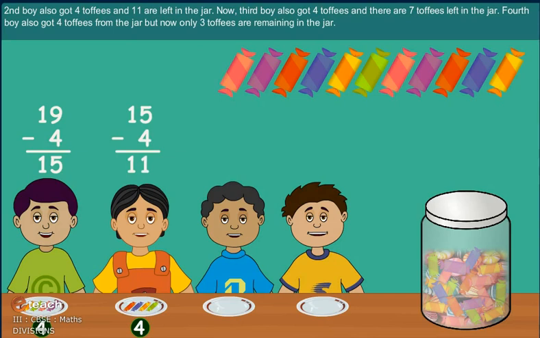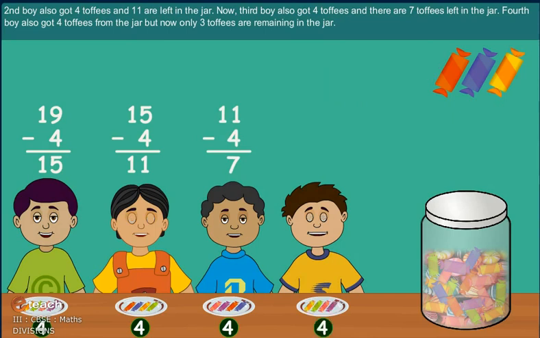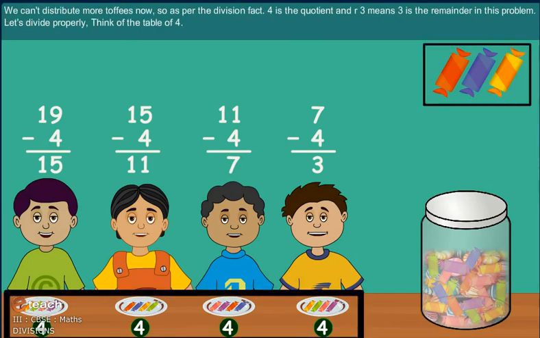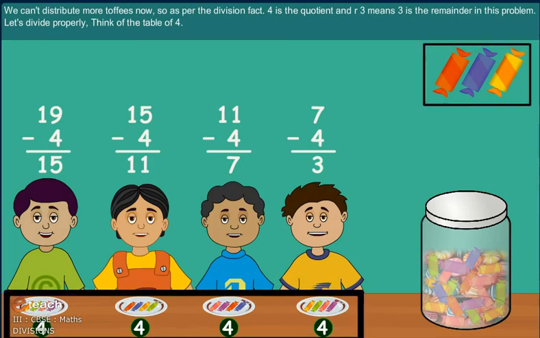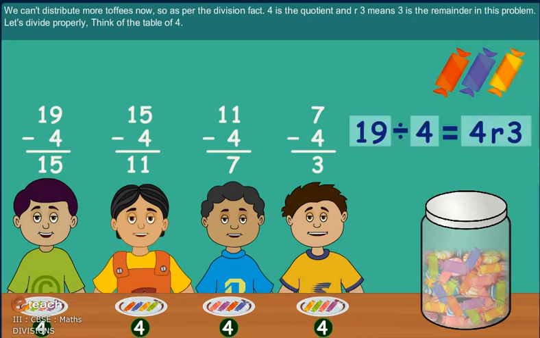Now the third child also got 4 toffees and 7 toffees are left in the jar. The fourth child also got 4 toffees from the jar. But now only 3 toffees remain in the jar. We are not able to distribute more now, so as per the division fact, 4 is the quotient and R3 means 3 is the remainder in this problem.